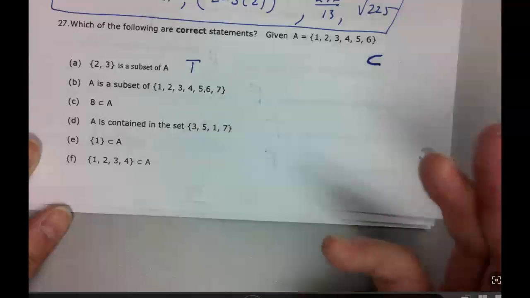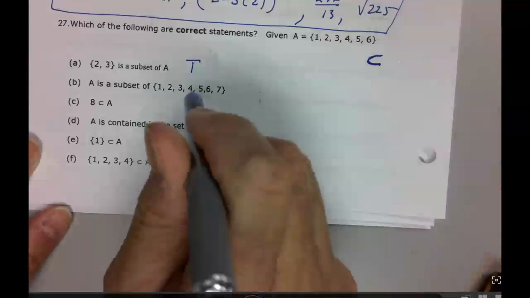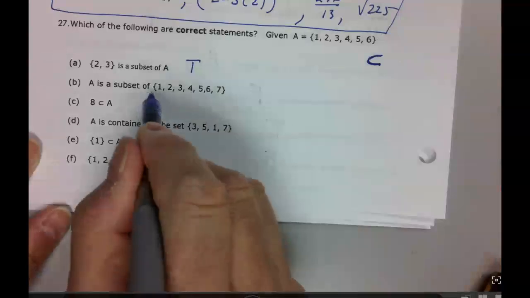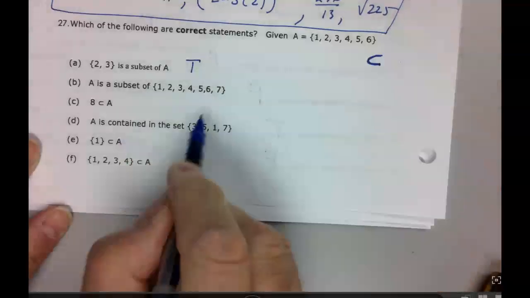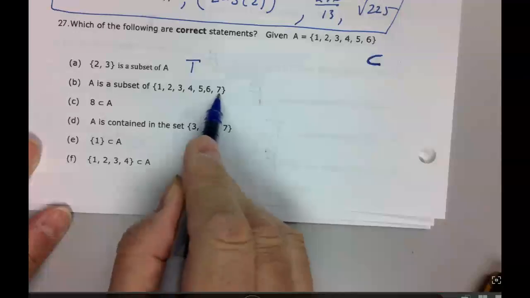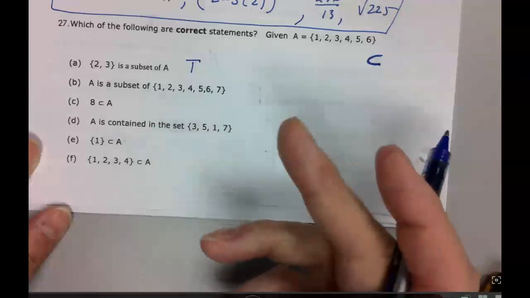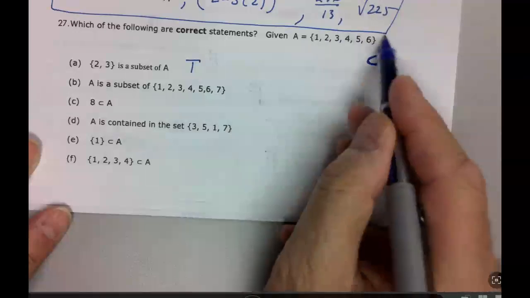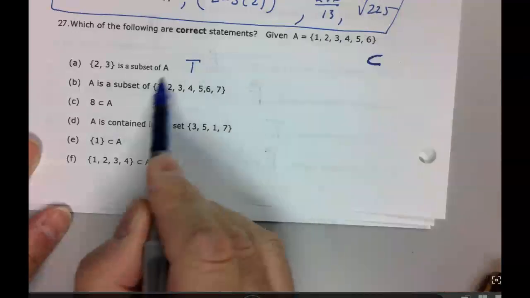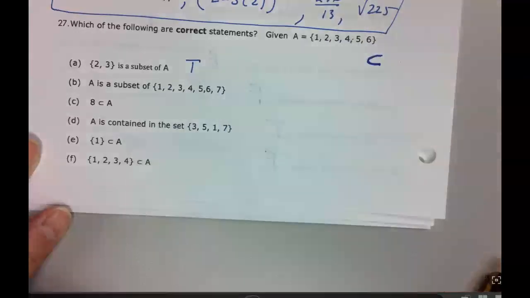For it to be a subset, all these numbers here have to be in that one. But this one here is not a subset of that one because this one doesn't have 7. Do you see the difference? This is a subset of that one, but this one is not a subset of that one. Does that make sense? For it to be a subset, it has to have all its elements in the other set.